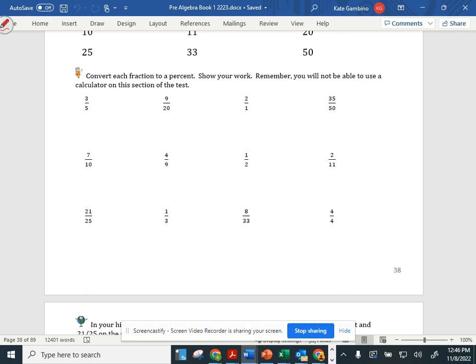What percentage would we get for 3/5? Show me on your whiteboards.